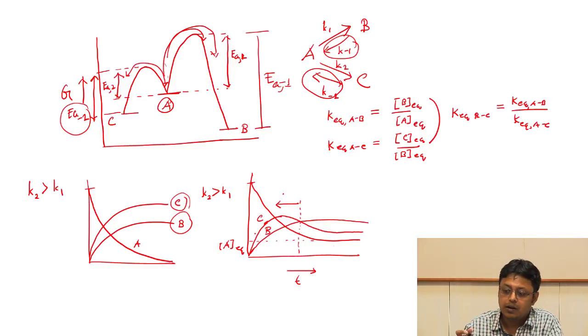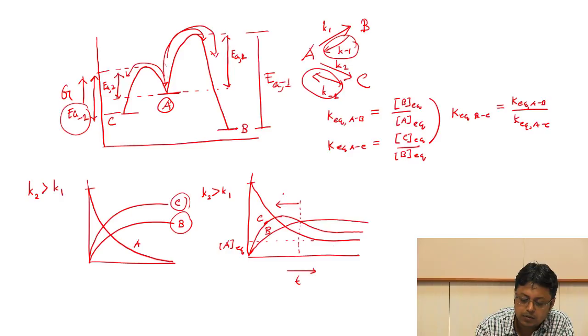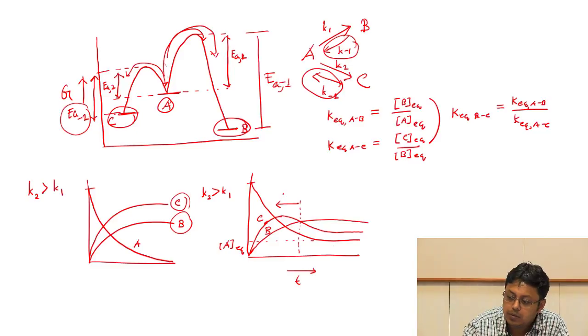You can also think about this in terms of the equilibrium constant. The way I have written it, I have posed the B much below C, which means thermodynamically B is more stable than C, and the ratio B by C will be controlled in the long time limit, or in the thermodynamic limit, by the equilibrium constant.